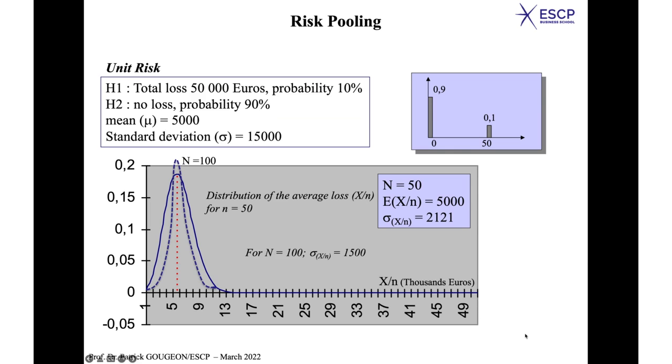If you take n equal to 100, you will have a smaller variance, and a curve which would be more like this. So the higher the population size, the lower the standard deviation, and the curve becomes narrower and narrower. In other words, the probability of getting away from the expected value decreases with the size of the population.